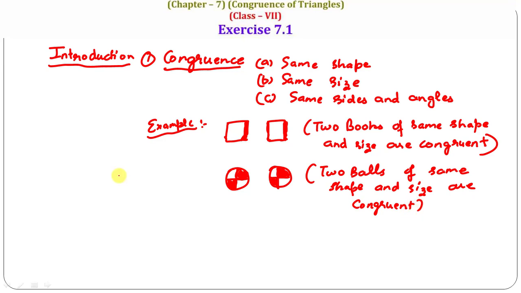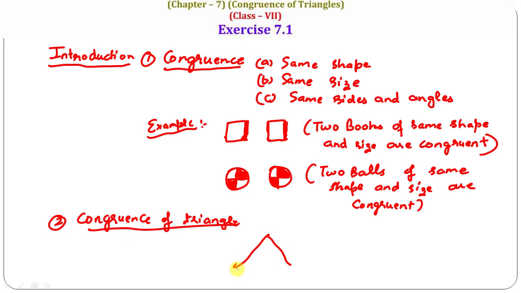And the second term is congruence of triangles. Two triangles are said to be congruent if they have the same shape and size.